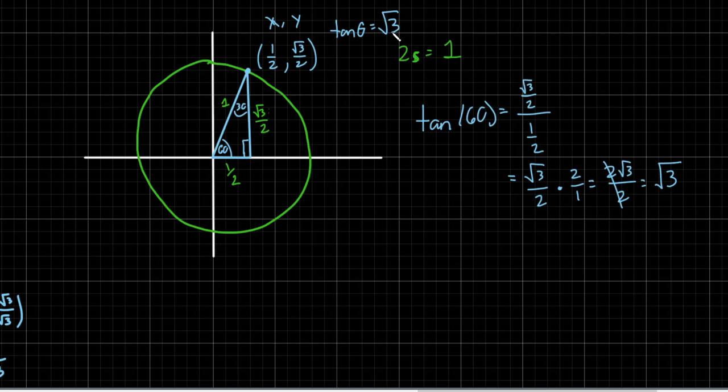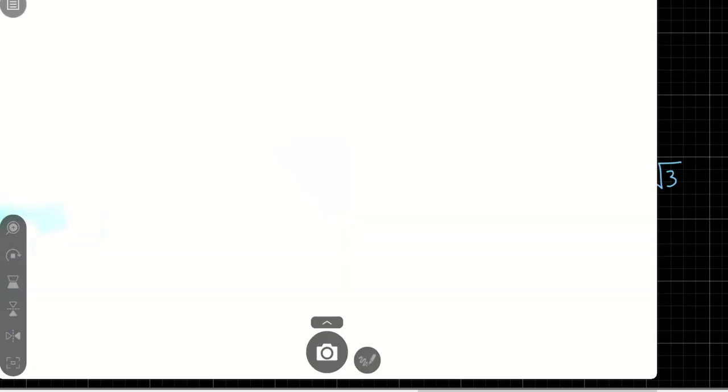Okay, do you have any questions before we put them on the unit circle? No? Okay, do you want to reflect it, or do you think we got it? Okay.